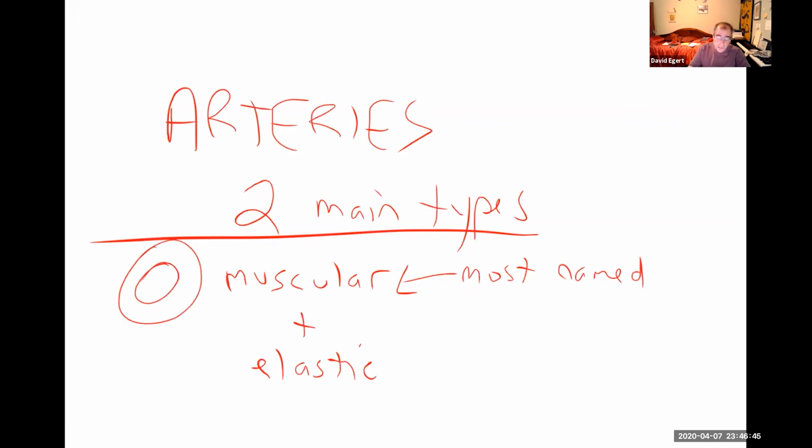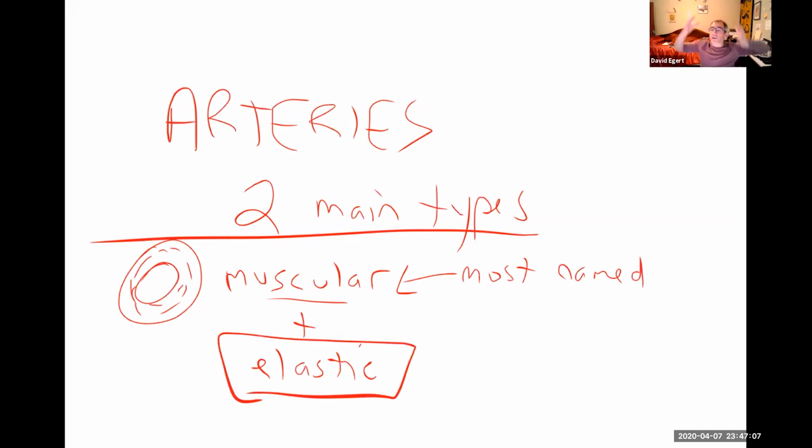Just by its name, muscular artery, it means that the tunica media is smooth muscle, and it's optimized to alter its diameter and hold it to adjust blood flow, adjust pressure. Elastic arteries are very elastic in their tunica media, and these are the large arteries directly leaving the heart.